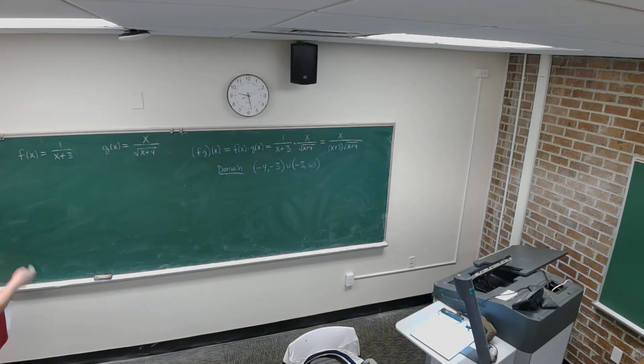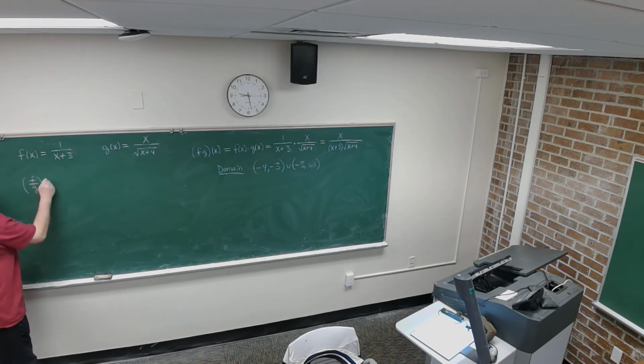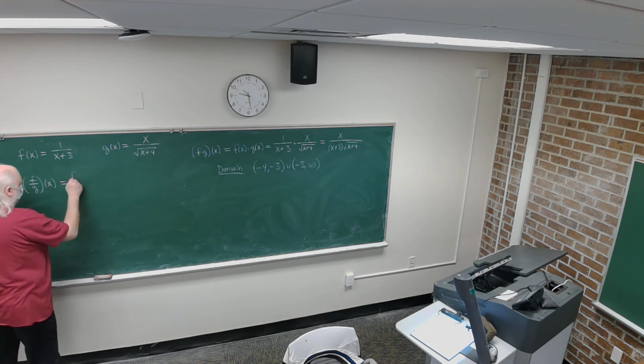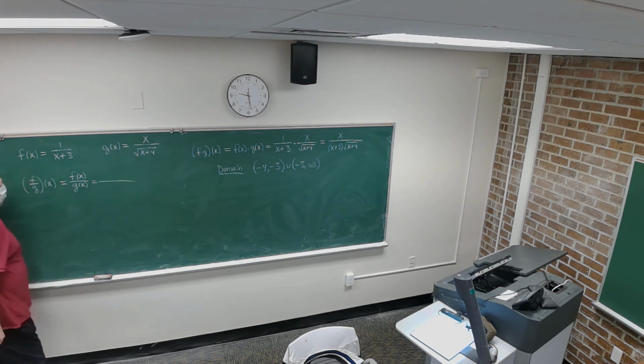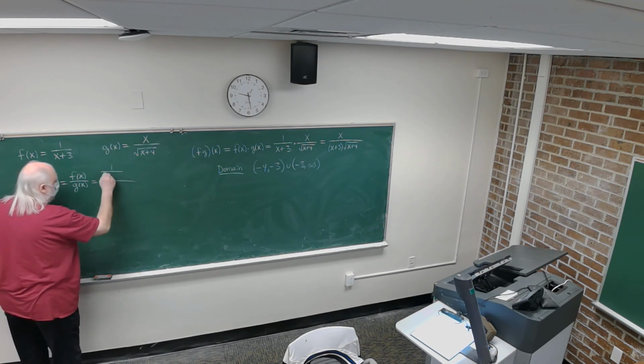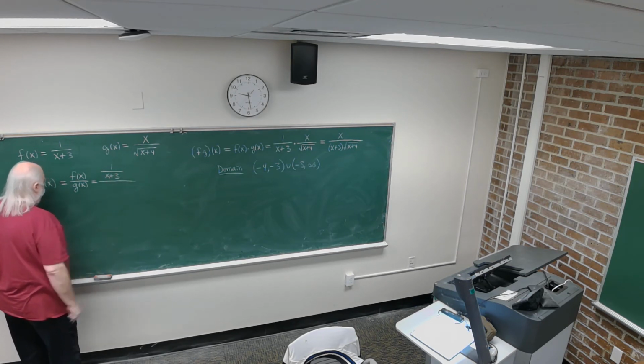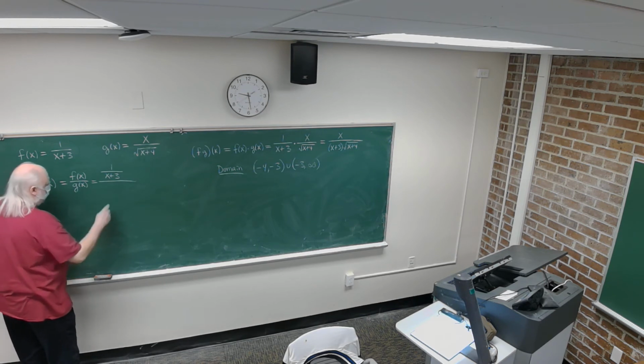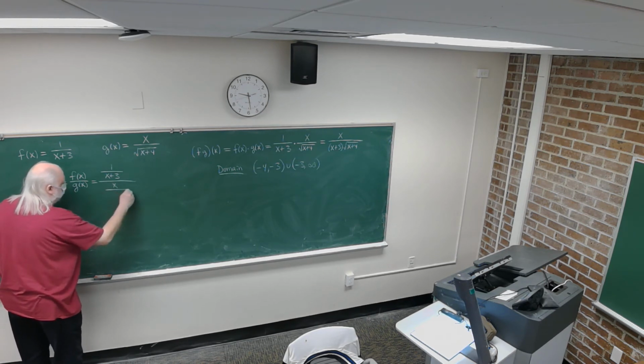Now, f over g of x is a little trickier, because now you're doing division. And so this is equal to f of x over g of x. F of x is 1 over x plus 3. And g of x is x over the square root of x plus 4.